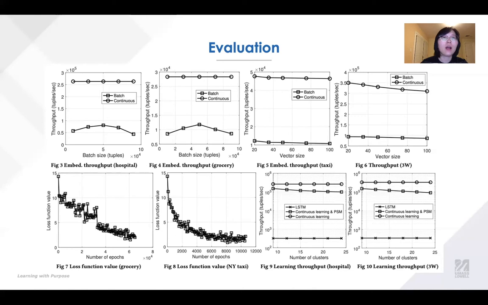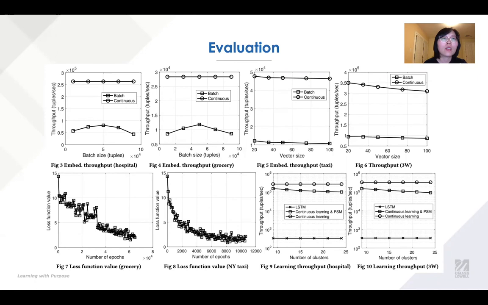We examine how the loss function value in Equation 1 that we optimize changes during the run of the algorithm. From the figures, it is clear that the loss function value of Equation 1 decreases until it converges at a low value. We compare continuous representation learning and PSM building versus continuous representation learning only and LSTM.